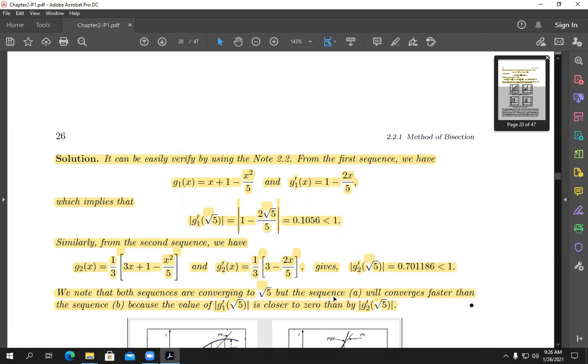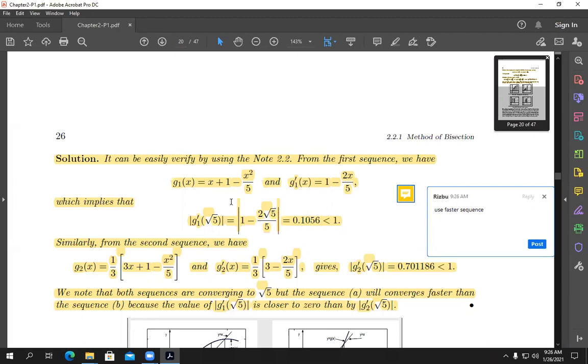Also, when I gave this problem in the exam, I said the same thing. I did not ask which one converged faster. The third time I gave the problem in the exam, I said, use the faster sequence or formula, same thing.